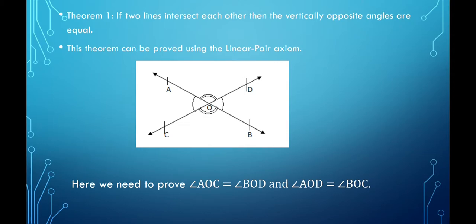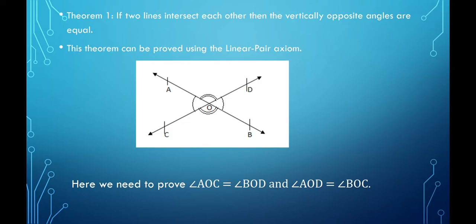Then comes theorem 1. If two lines intersect each other, then the vertically opposite angles are equal. We have to prove that the vertically opposite angles are equal in measure.